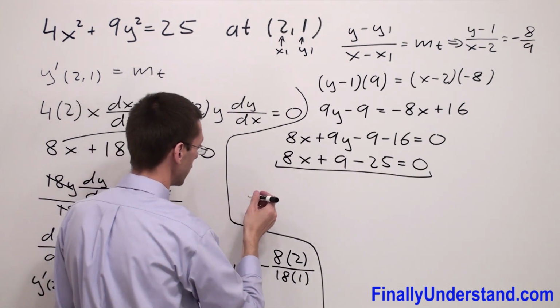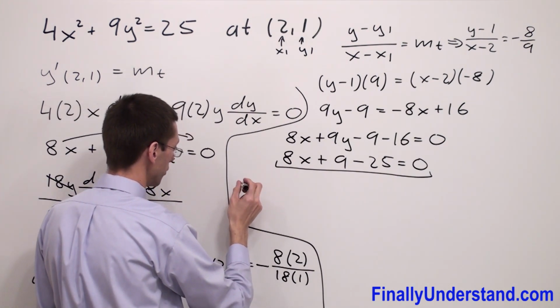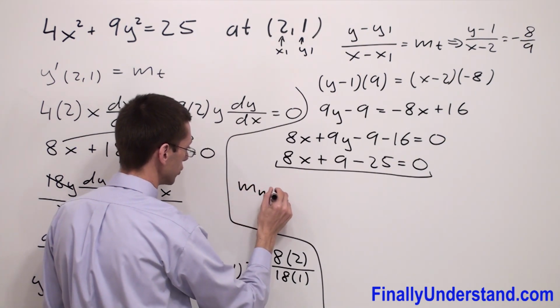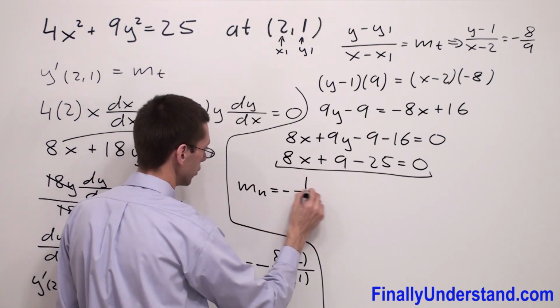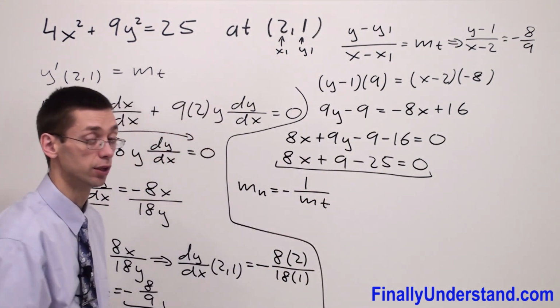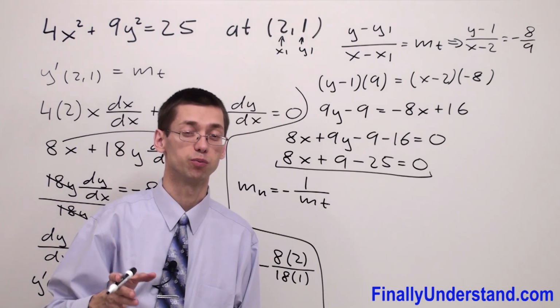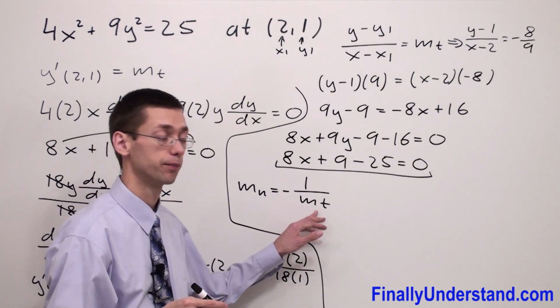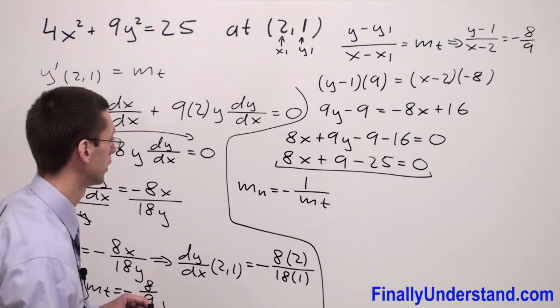Next, I'm supposed to find the slope of the normal. So mn is equal to negative 1 over mt. Why? Because the normal is the line which is perpendicular to the tangent. That's why you're supposed to use this formula.